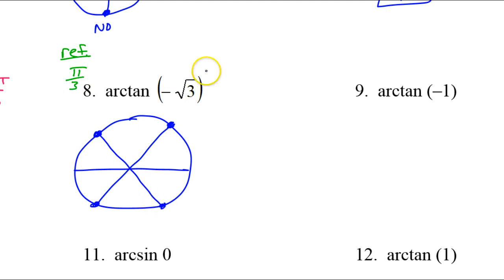All 4 of these are going to give me some type of radical 3 if I take the tangent. Tangent is positive here and here. We've memorized that. Tangent is negative here and here. We want a negative radical 3. So that means we're going to do one of these 2 angles. Okay, one of these negative guys.